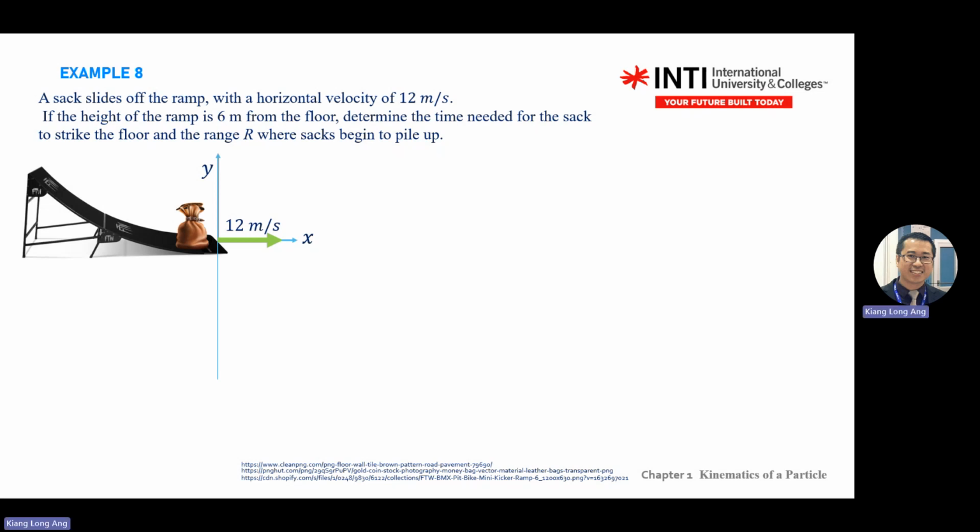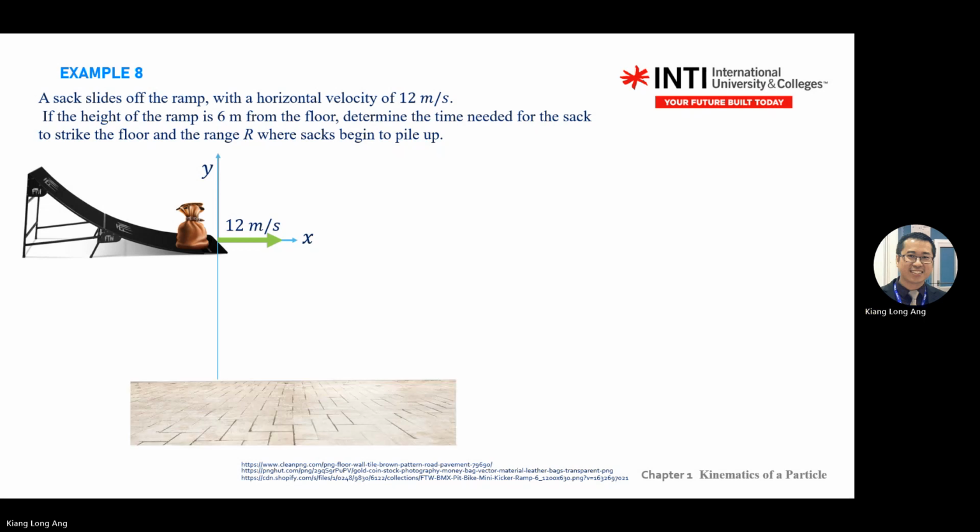If it asks you from here to here, the velocity here, acceleration here, then use the previous curvature motion to solve. But here, this question asks you about a sack sliding off at 12 meter per second.